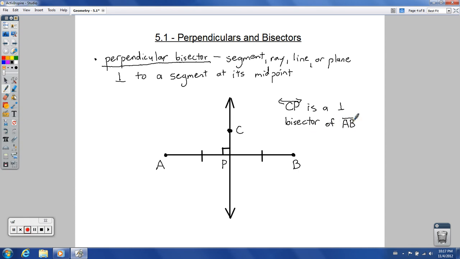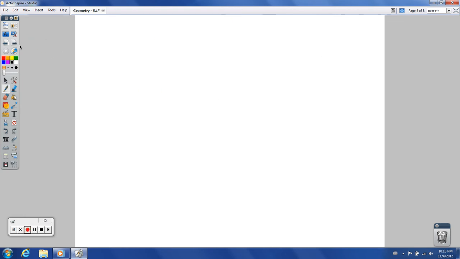So you have to have a segment to start, and then you could have a line like I have here, or a segment, or a ray, or a plane. All those things can be a perpendicular bisector. I'd say lines are most popular and most often used for perpendicular bisectors, but we could have any one of these four things. So let's look at a couple of theorems here.